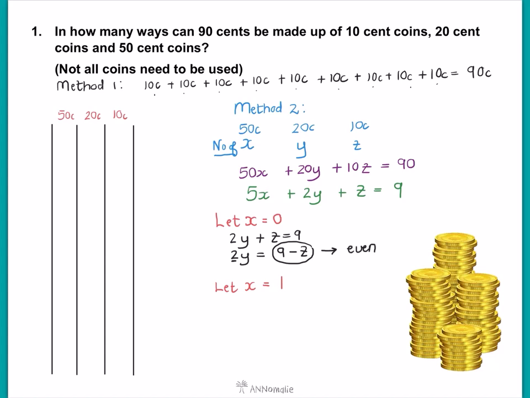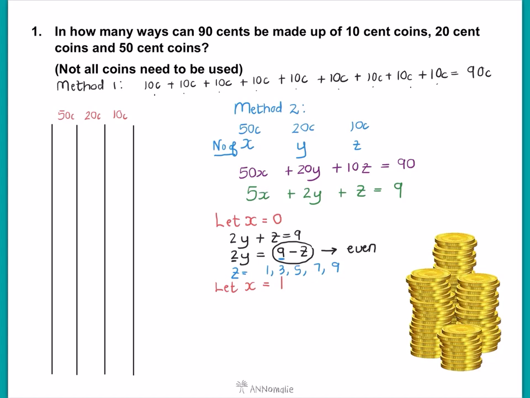So if 9 is odd, in order to get an even number, z must also be odd. So what are the options for z? Z could be 1, 3, 5, 7, or 9. It can't be greater than 9 because then I've got nothing left.